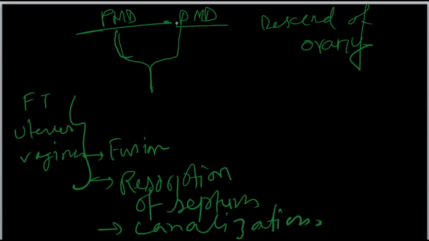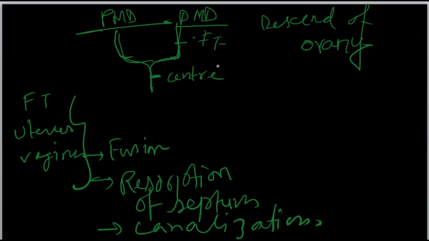This upper horizontal part is not fused. This gives rise to formation of fallopian tube on both sides of the uterus, and the intermediate horizontal parts are fused. This fusion starts from center.